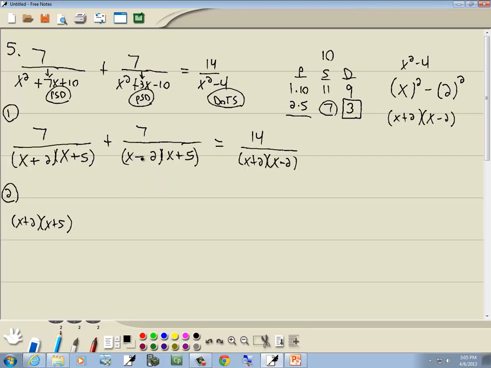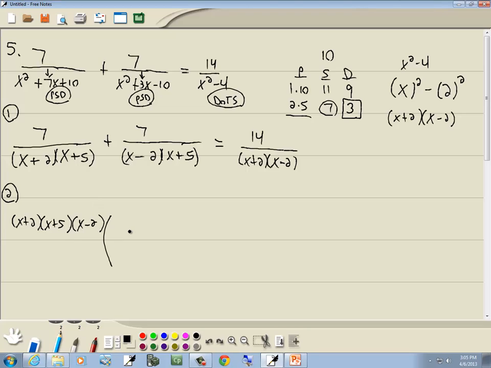Then I go to my third factor, the x minus 2. And I'm looking for the greatest number of x minus 2's in a single denominator. There's none here, 1 here, 1 here. So it would be 1. So that's our LCM: x plus 2, x plus 5, x minus 2. And that's what we're going to multiply everything by.